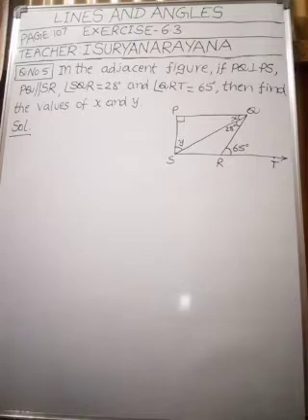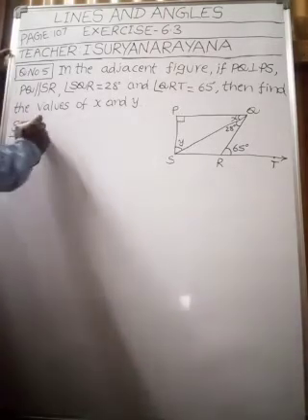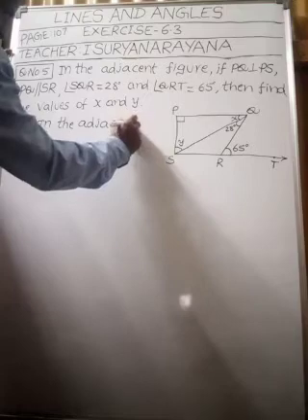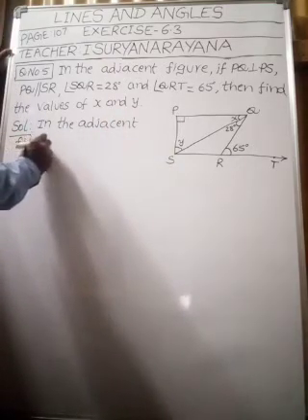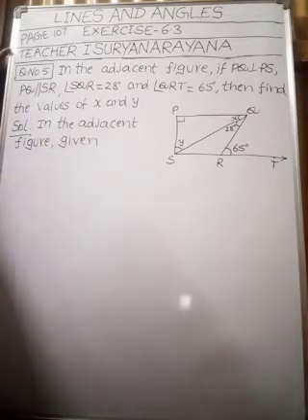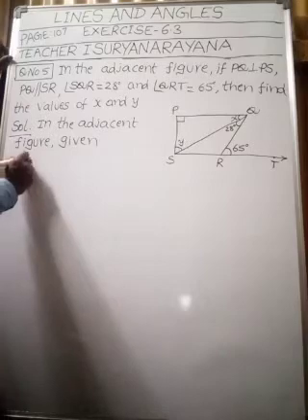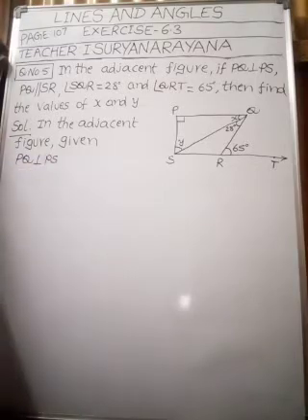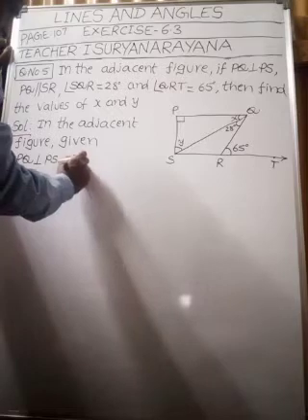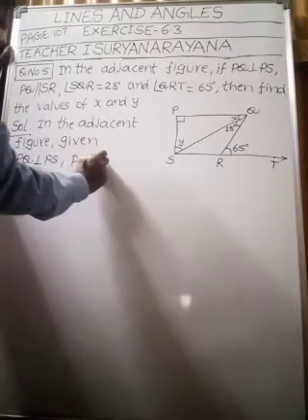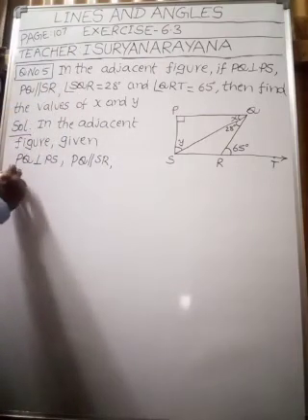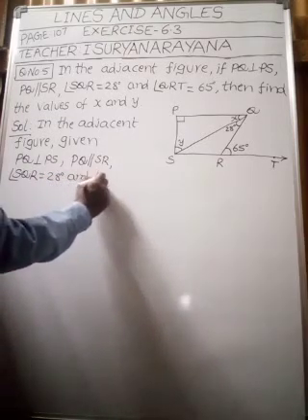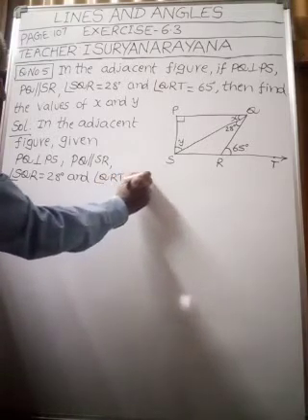Let us write the given data first. In the adjacent figure, given PQ is perpendicular to PS, PQ is parallel to SR, angle SQR is equal to 28 degrees, and angle QRT is equal to 65 degrees.